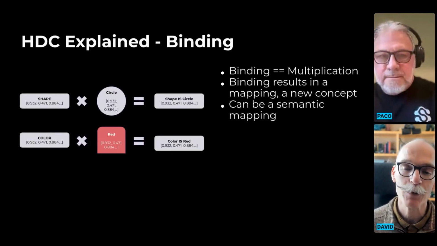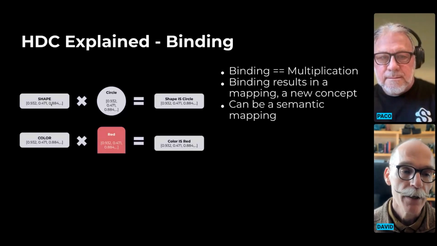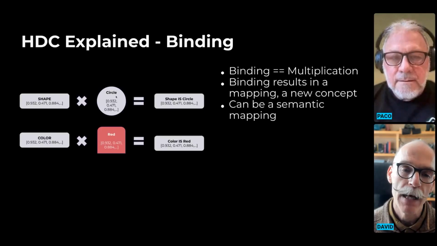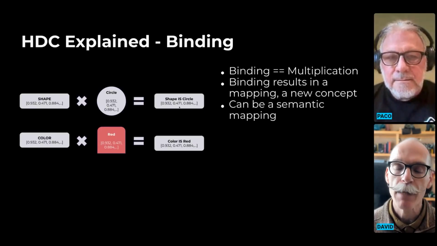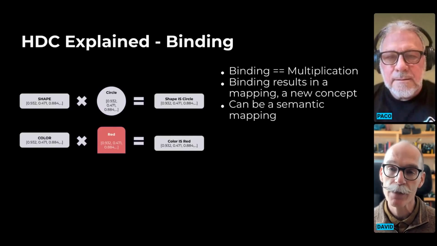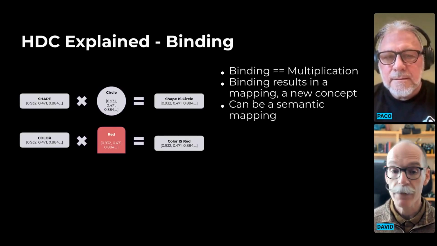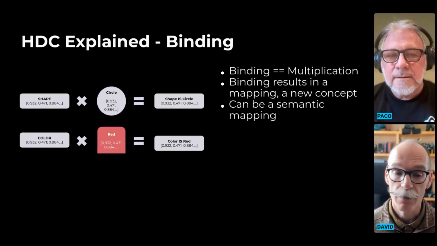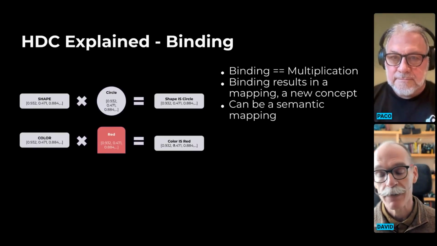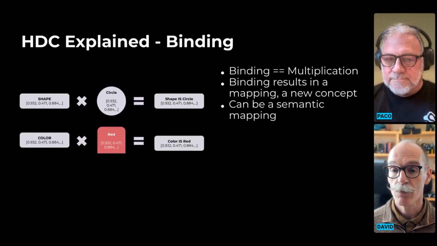It's effectively multiplication. We can multiply the hypervector mapped to the word shape times the hypervector mapped to the word circle. And we're going to get back a single hypervector that captures and encodes the concept of shape is circle. And the same is going to be true for color and red. We multiply them and we get back a single hypervector for the concept that color is red.